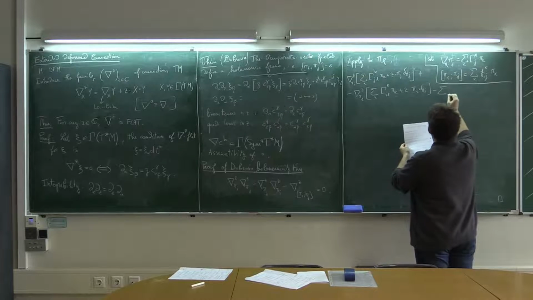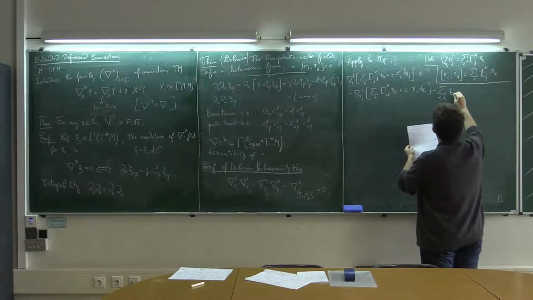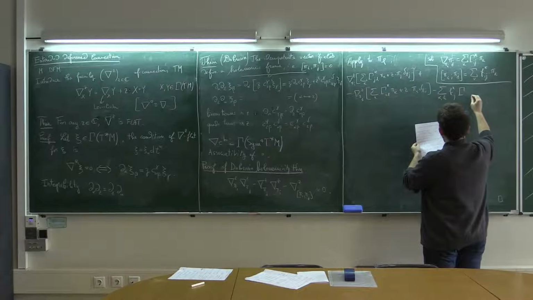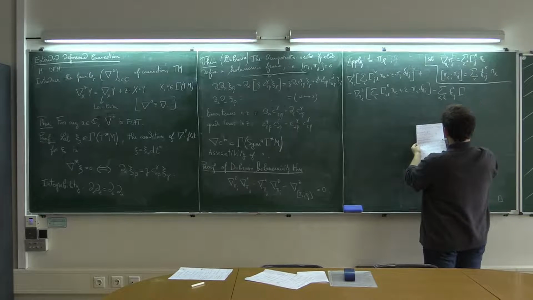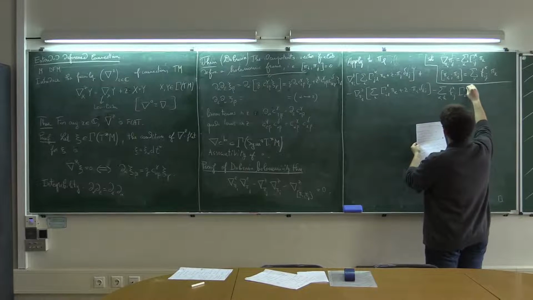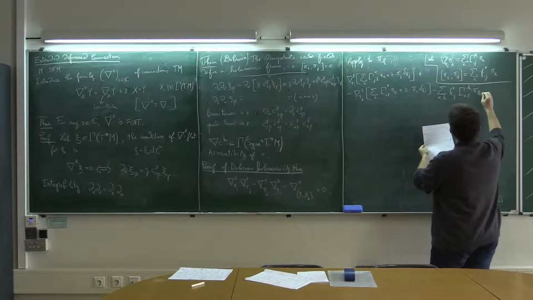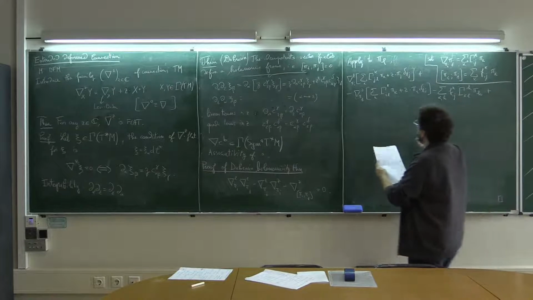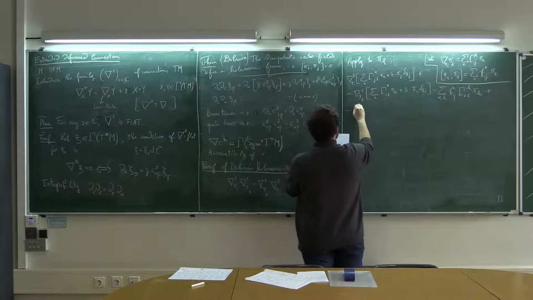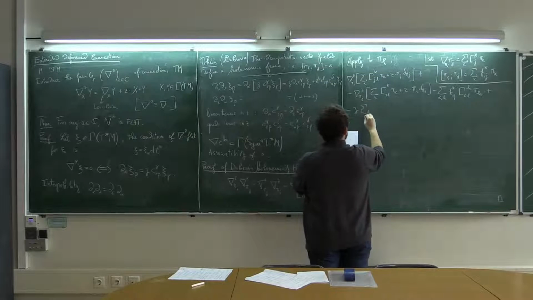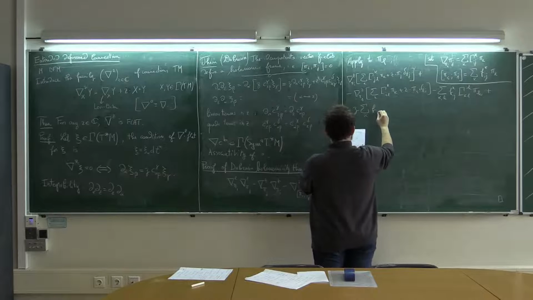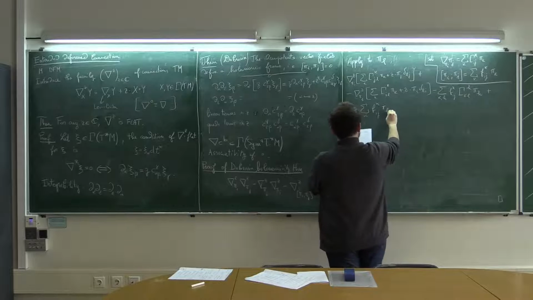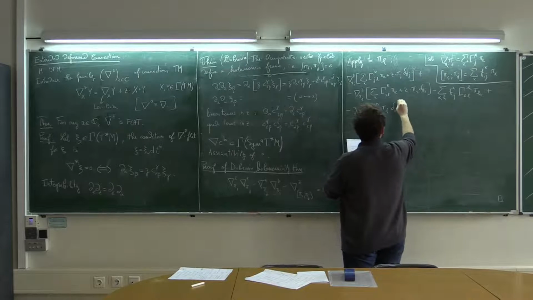minus the sum over k and h of f_ij^k gamma_klh pi h, plus minus z sum over k f_ijk pi l delta kl.